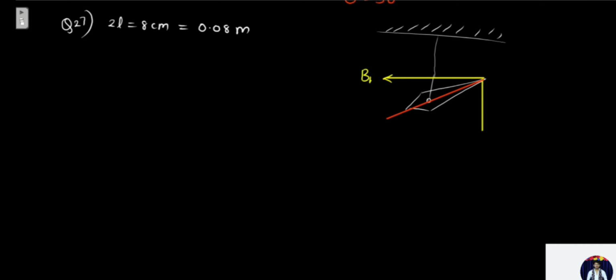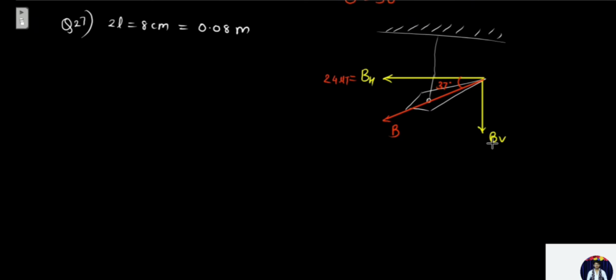This is your BH, BV and B. So it is making an angle of 37 degrees. So angle of dip is given to us as 37 degrees over here, with the horizontal component, that is 24 microtesla, 24 into 10 raised to minus 6.